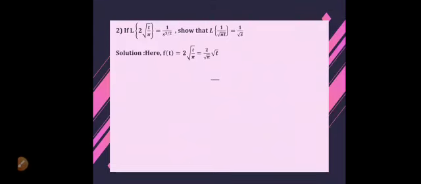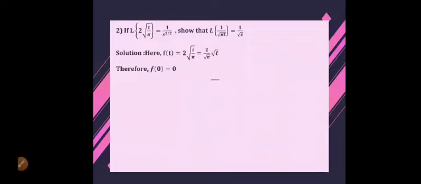As usual, f of t is the given function 2 into square root of t upon pi. We can write the denominator root pi term with 2. So it becomes 2 upon root pi, which is a constant multiplier to the function root t. Now we will first find its value at t equal to 0, that is f of 0.